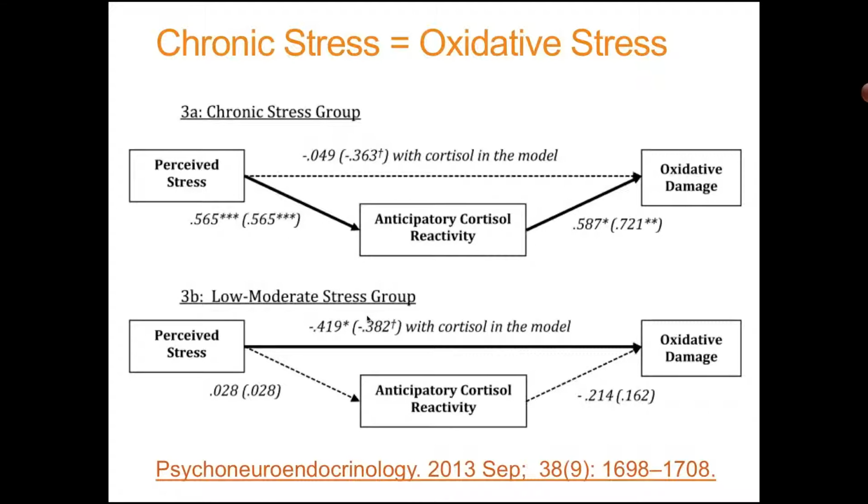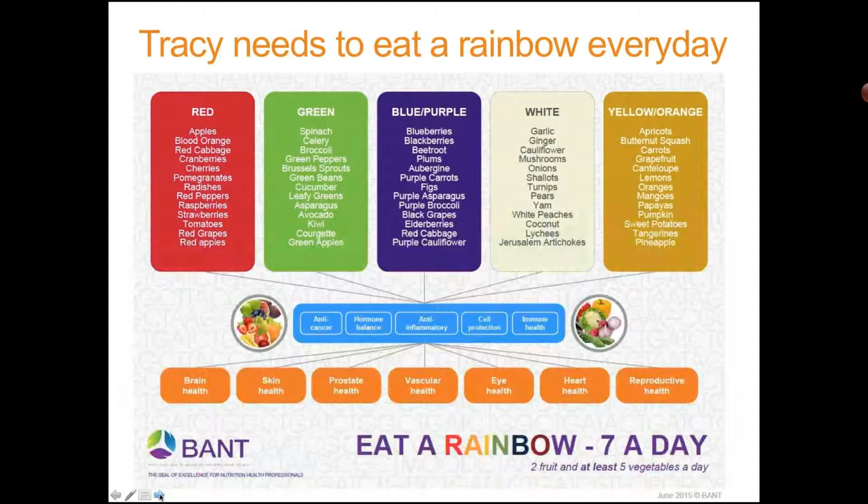So the thick line is high amounts, the dotted line is lower amounts, and you can see that the oxidative damage is actually lower based on cortisol levels than in the chronic stress group, basically. So this is a really good paper if you want to read it.